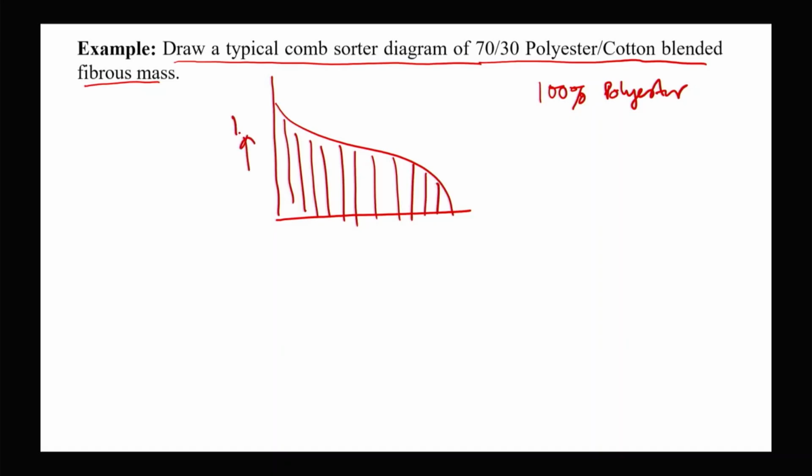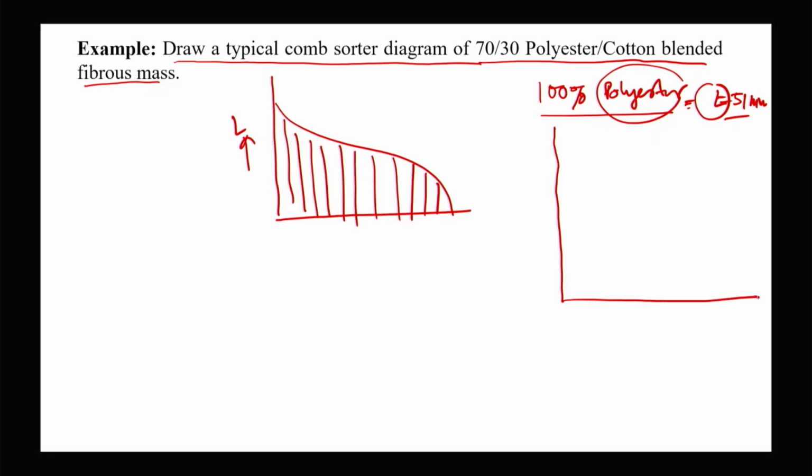For polyester, we consider a cut length of, say, L equal to 51 millimeter, and here all the fibers are of equal length.